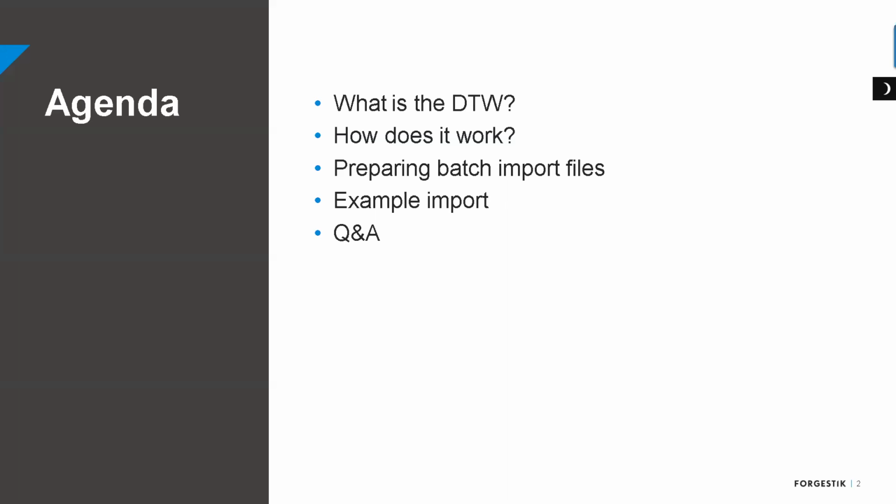The DTW simulates a human doing the entry of the data. So the nice thing about it is it will follow all the business logic rules, and it'll still give you your change log information and all of that stuff because it is as if somebody was doing the entry.